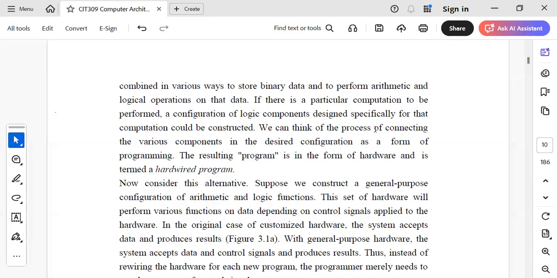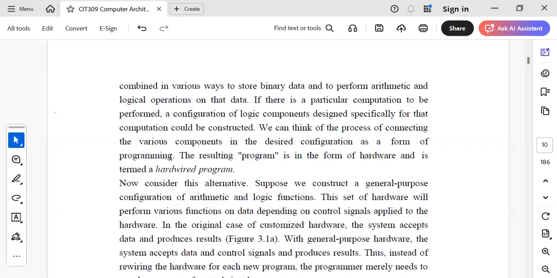Now we can think of the process of connecting the various components in the desired configuration as a form of programming. Normally, when you have a challenge like that you want to solve using logic, what you do next is just to program. That is a simple thing.